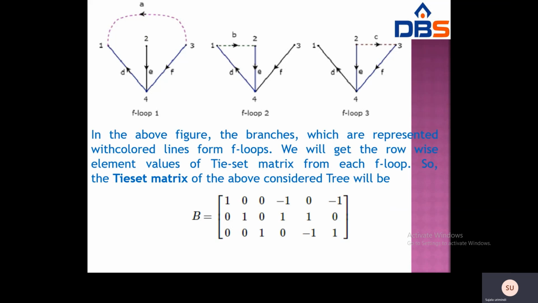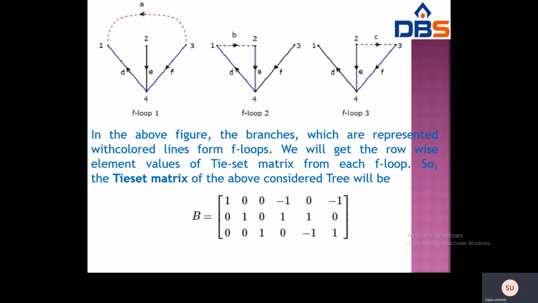In the above figure, the branches represented with colored lines form the f-loop, and from each f-loop we get the row-wise element values of the tie-set matrix. So the tie-set matrix of the above considered tree will be B equal to.